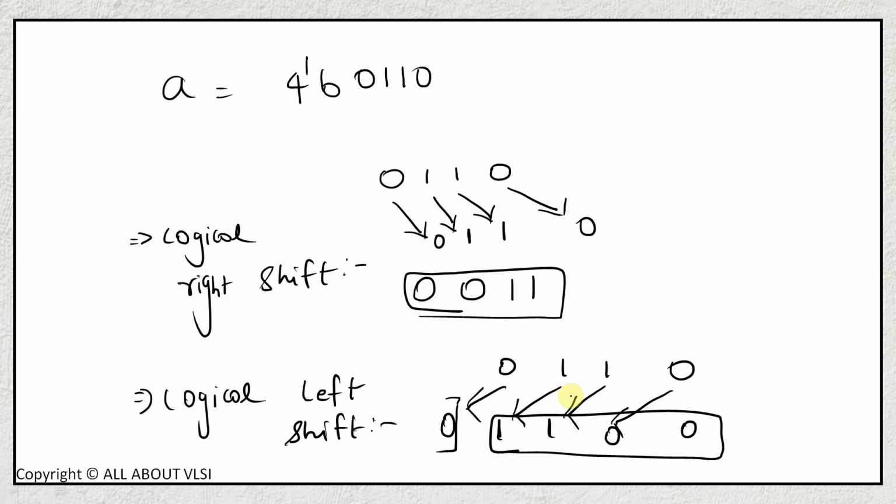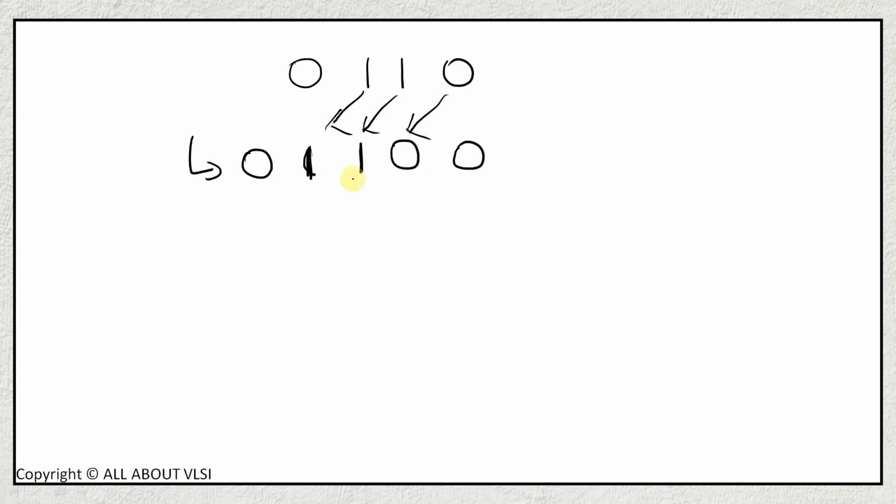Now let us see how to use this syntax. In this particular case, we are shifting the bits by only one bit position. If we have the number 0110 and want to perform the shift operation two times, then after the first shift the leftmost bit is dropped, we have 110, and one more 0 is appended.